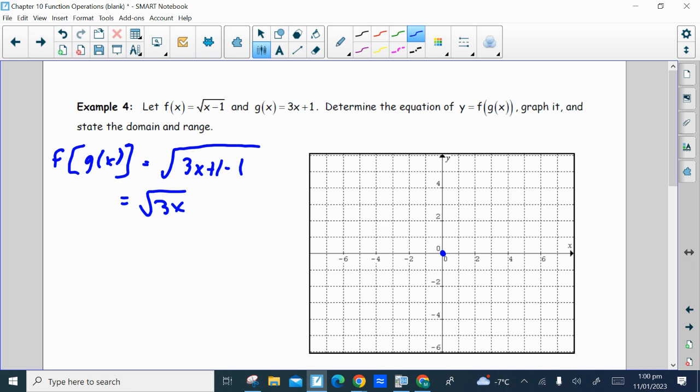When x is 1/3, and I'm using this point for a reason, 3 times a third is 1, and the square root of 1 is still 1. So the point 1/3 comma 1. The next point I'll do is when x is 3. 3 times 3 is 9, and the root of 9 is also 3. So that goes through the point 3 comma 3.